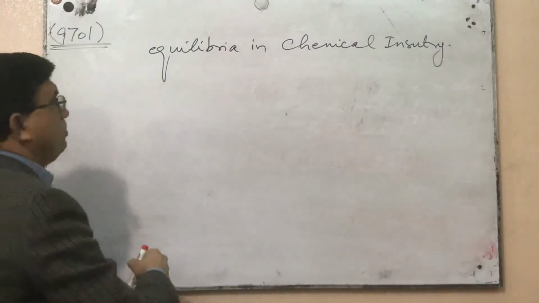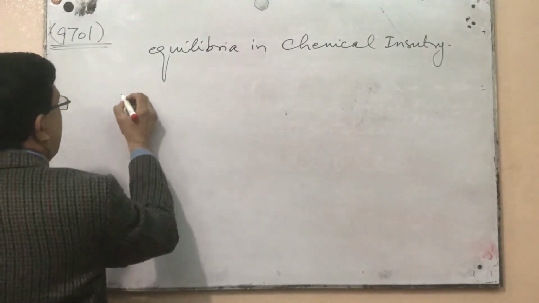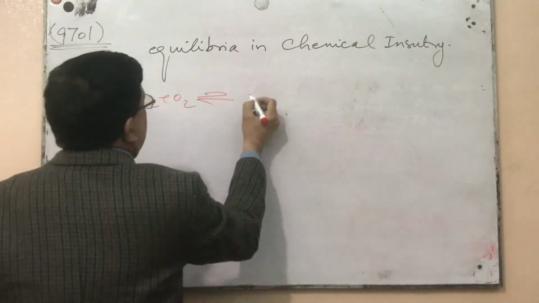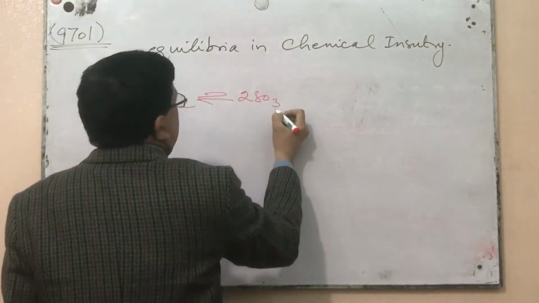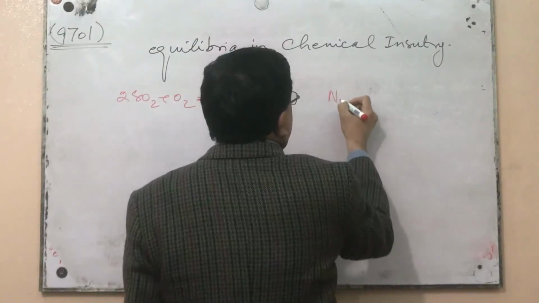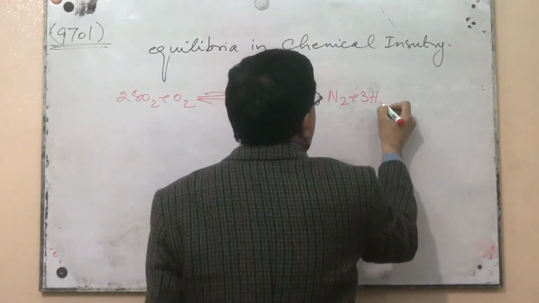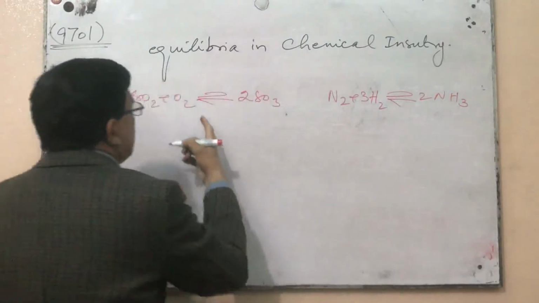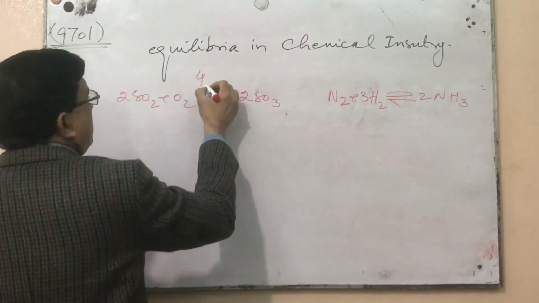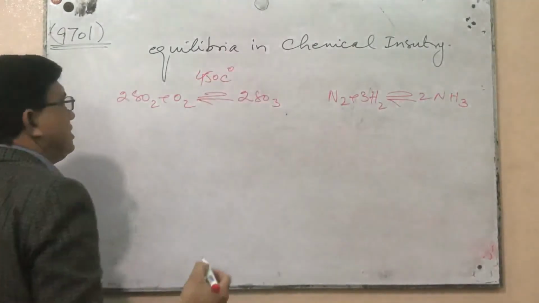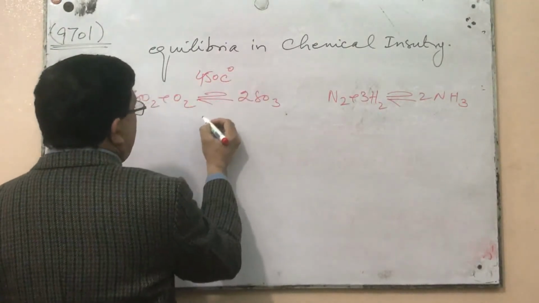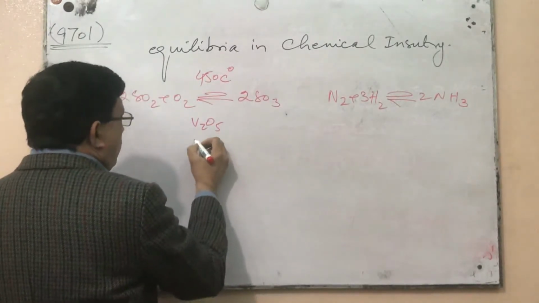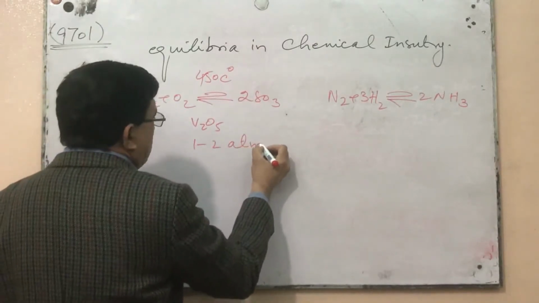In chemical industry, two processes are taking place most frequently. One is oxidation of sulfur dioxide, changing into sulfur trioxide, and second is the Haber process, formation of ammonia by reacting both of these two gases. And what are the conditions? The condition of this reaction is we maintain 450 degree centigrade temperature. These are the optimum conditions. We use V2O5 as a catalyst, and we exert 1 to 2 atmospheric pressure.